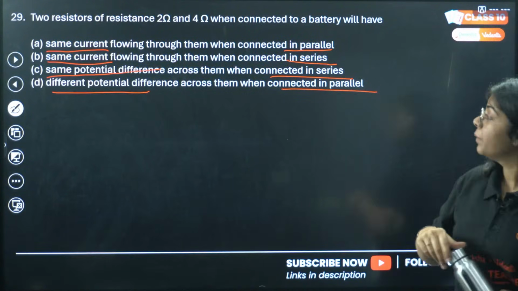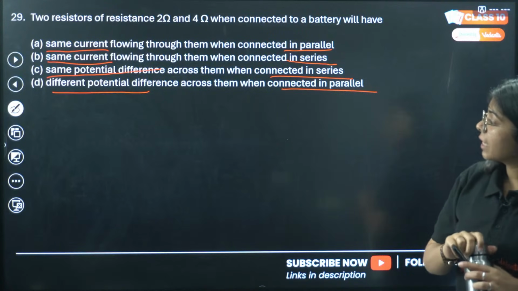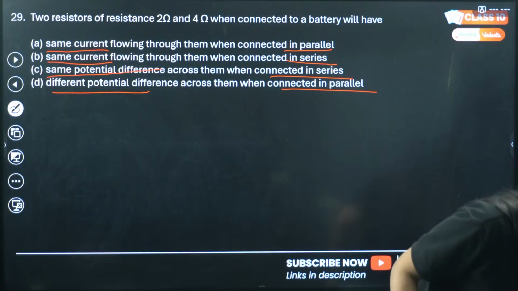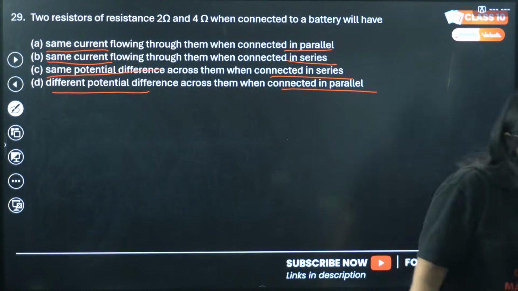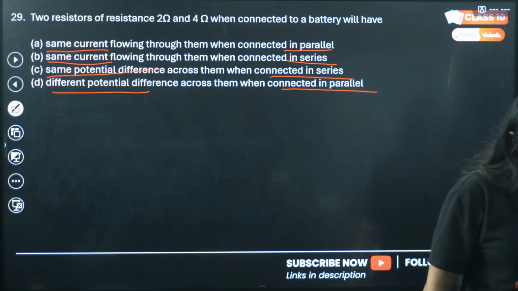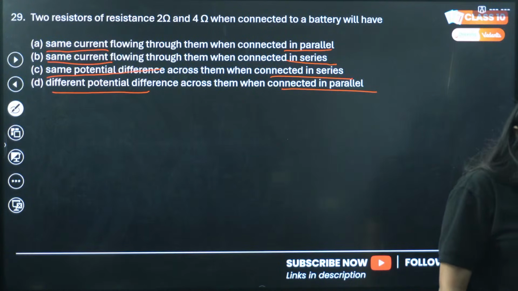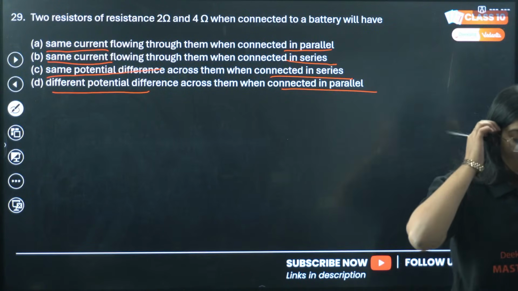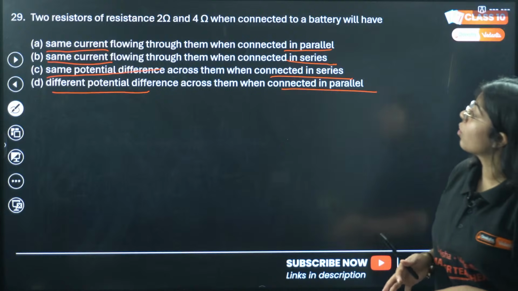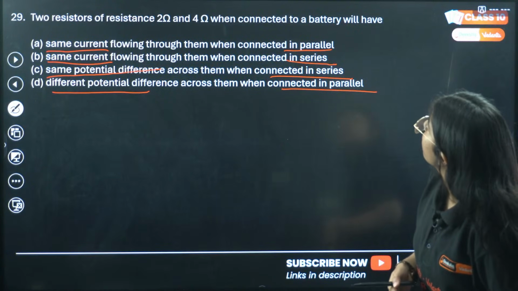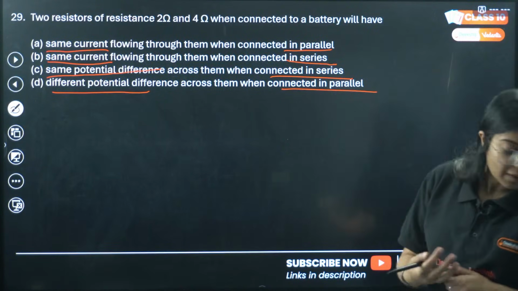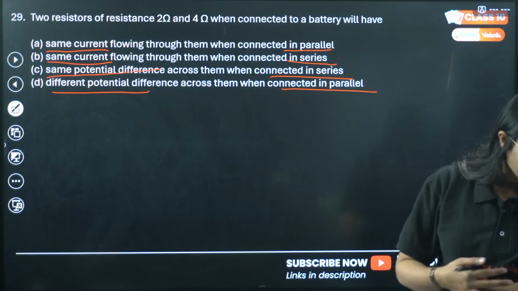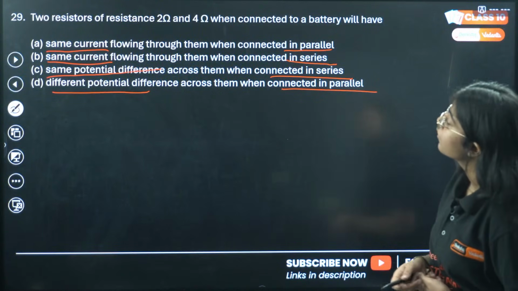Ascent is saying B, same current flowing through them when connected in series. Verma ji is also saying B. Ascent is saying 29th B. Shivanshu is also saying B. Abhijit is saying this question is wrong. Why, beta? Why is this wrong? Rupesh is also saying B.